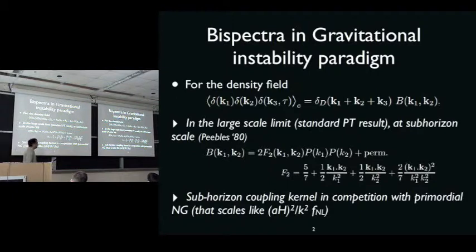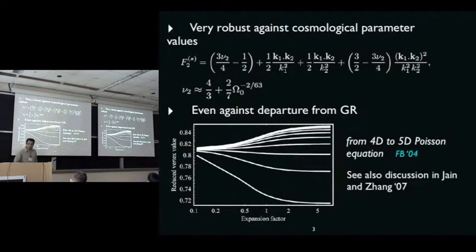In the following, I will just assume that we have enough things to worry about with this function. As I was saying, this is quite a robust kernel. It was somewhat of a surprise in the 90s, when people explored the dependence of this kernel on cosmological parameters, that it depends very weakly on omega naught.